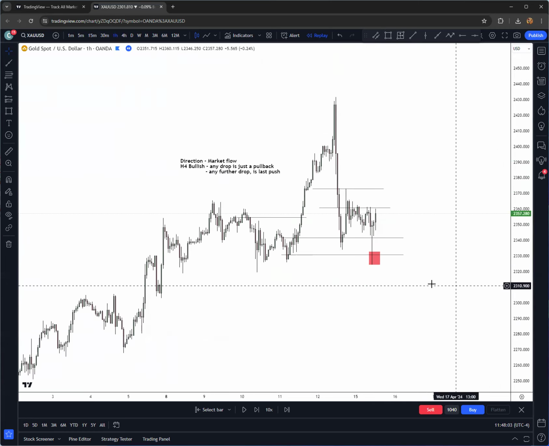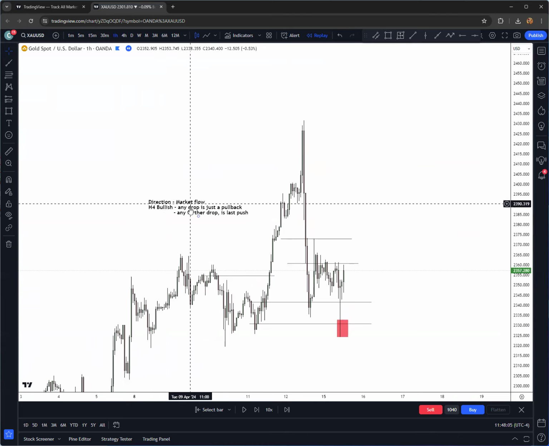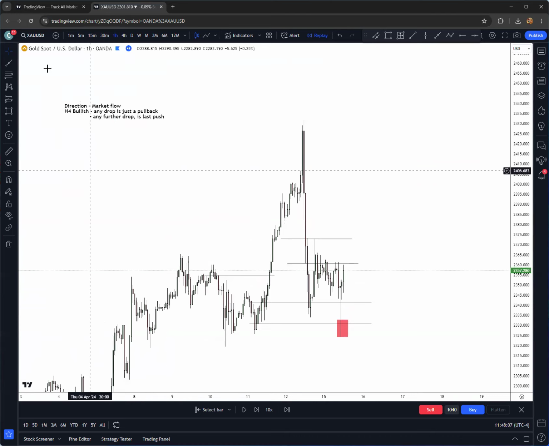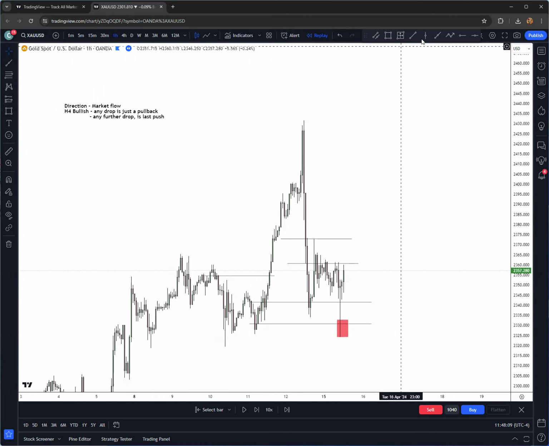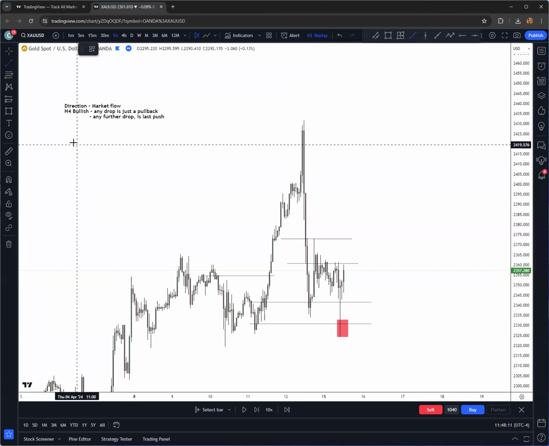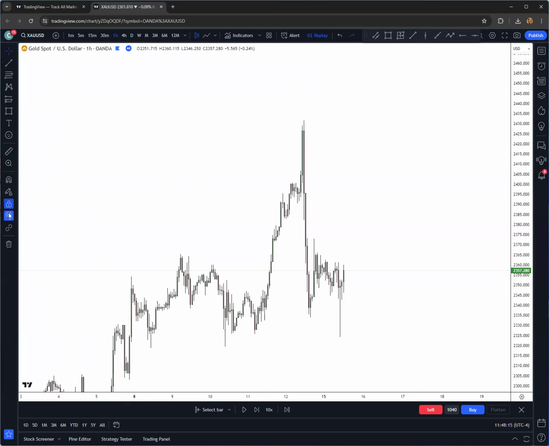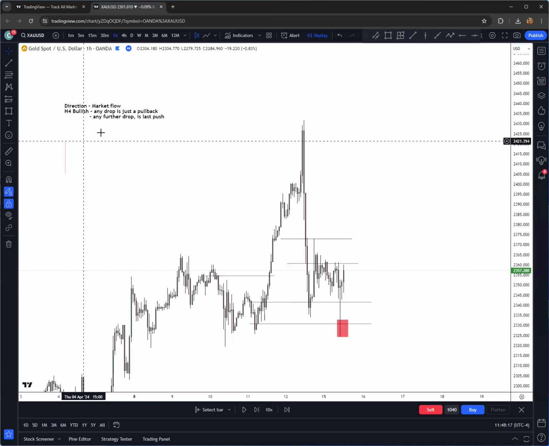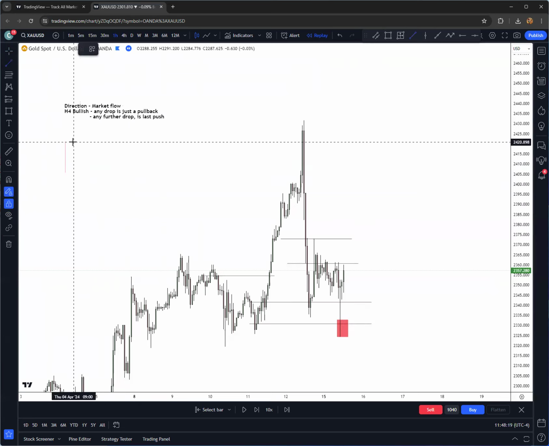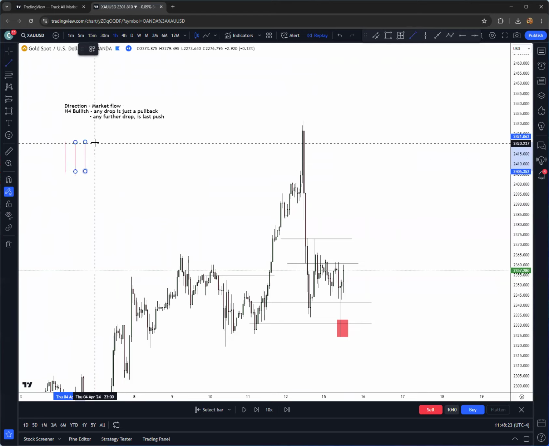Now, in an H4 candlestick, I will give you, you have one, you have two, you have three, you have four H1 candles.